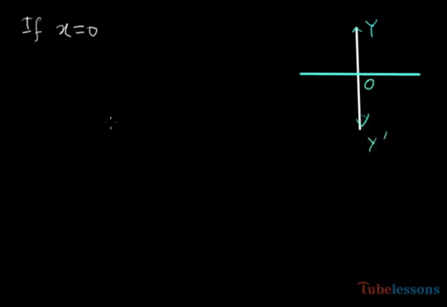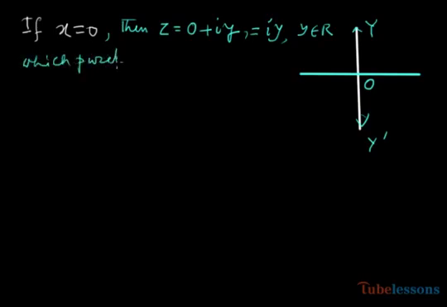Similarly, if X is equal to 0, then Z is equal to 0 plus iY, equal to iY, where Y belongs to R, which is a purely imaginary number.